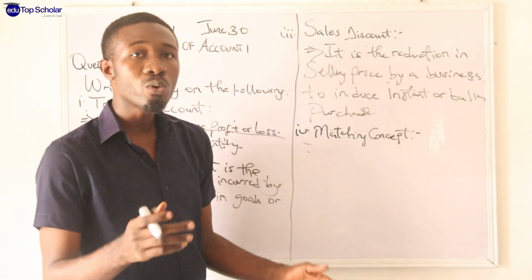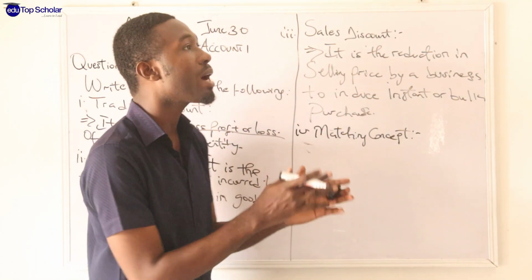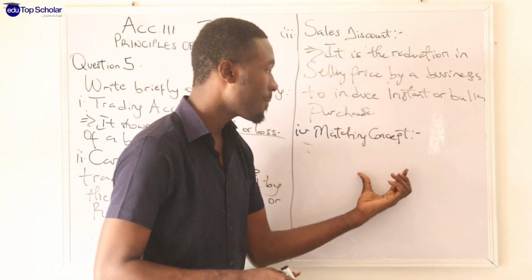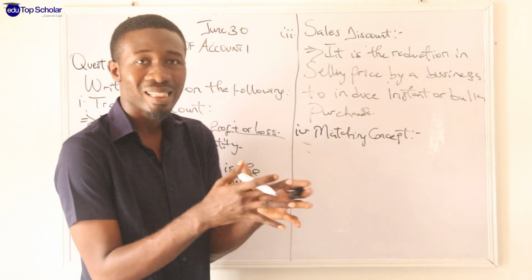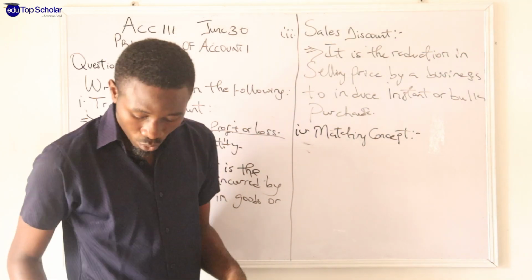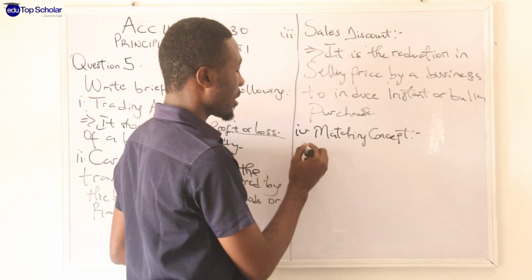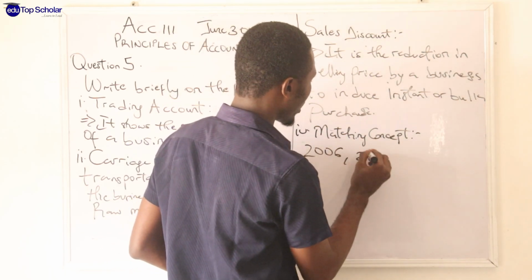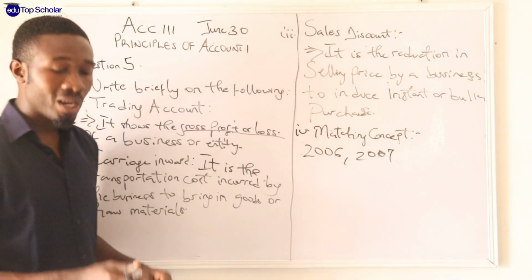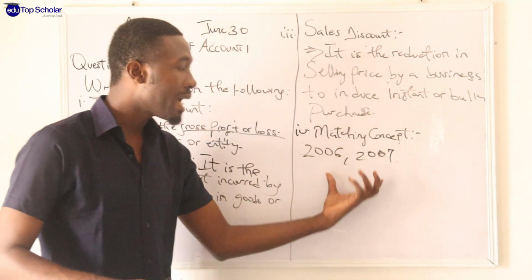It's saying that revenue and expenses earned or incurred at that time should be matched with the expenses or income of that time. So if you make a certain amount in 2006, you should not record it in 2007 or 2008. Revenue and expenses of a particular period should be recorded at the time they are incurred.